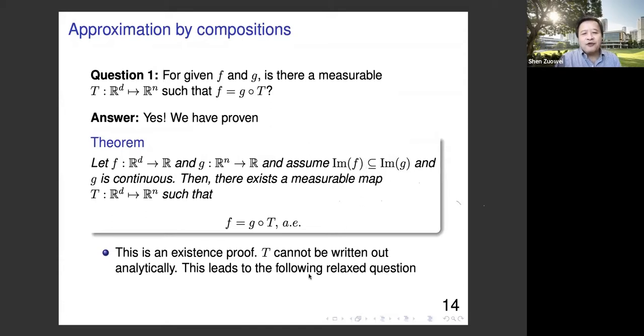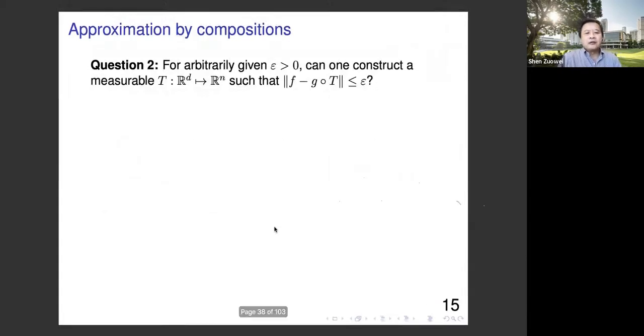This theorem is great mathematically, but the problem is that my proof is an existence proof for T. I don't have a constructive way. Even if you give me F, I don't know how to construct T; I only know such a T exists. So the next step: given an epsilon, can I, at least theoretically, construct T?